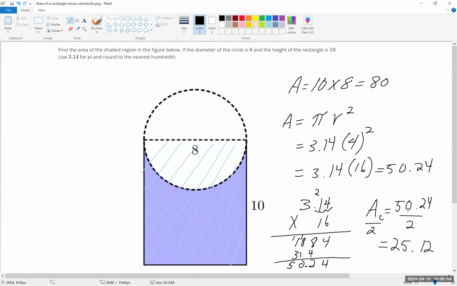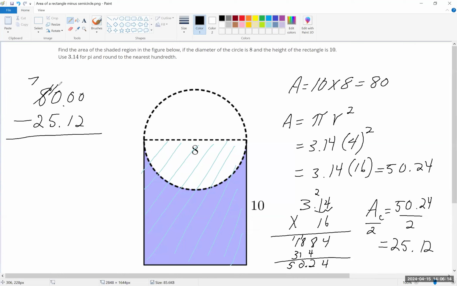So finally, I have some space on my left. I have to take the area of the rectangle, which is 80, and subtract the semicircle from it. So I'm going to add some placeholders there.